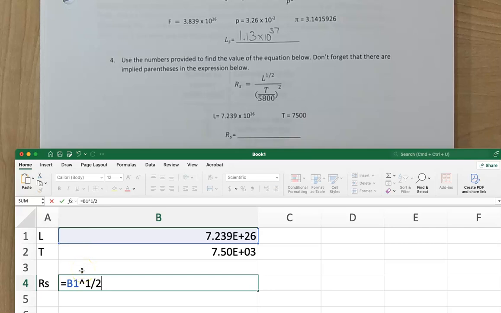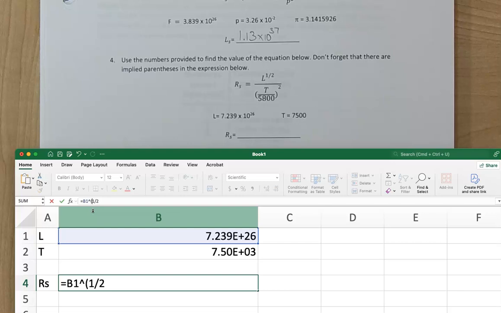If I did B1 raised to the power of 1 divided by 2, in the order of operations, you do exponents before you divide. So my spreadsheet would take whatever number is in B1, raise it to the first power, and then divide that by 2, which is not the same as taking something to the 1/2 power.